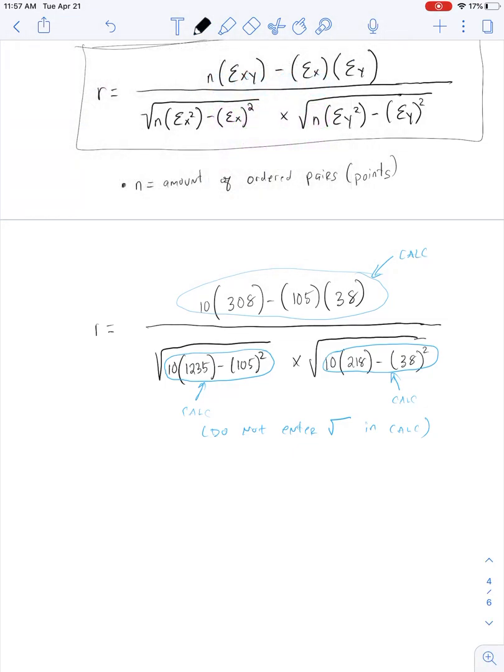If you do everything correctly, you should be left with still a square root symbol in the bottom, multiplication, another square root symbol in the bottom, and the numbers you'll have at the top, you should be left with the negative 9, 10. In the first square root symbol, you should be left with 1325. And in the following square root symbol, you should be left with 736. Really important that you do it this way because it's going to be very beneficial as we continue on this homework assignment.